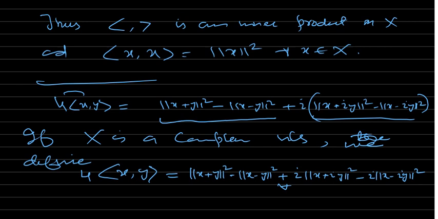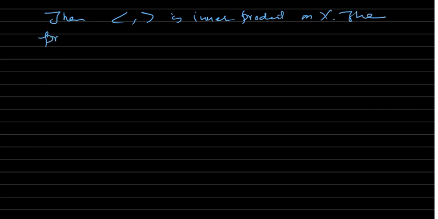Okay, for all x, y belongs to x, we define this. Then this function is an inner product on x. The proof is similar as in the real case. This proof is very similar.